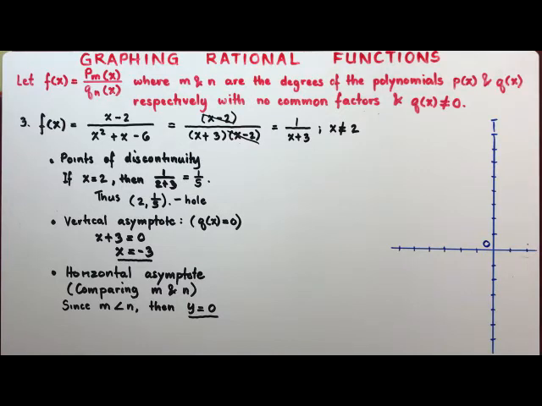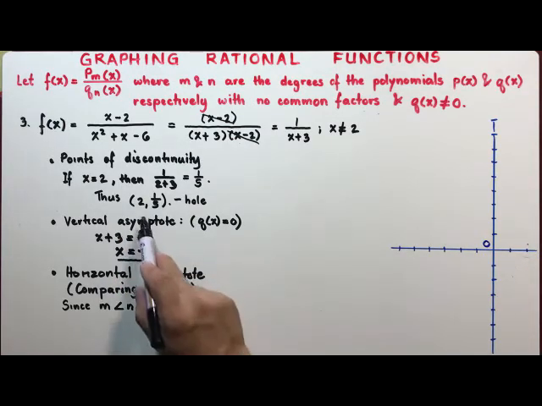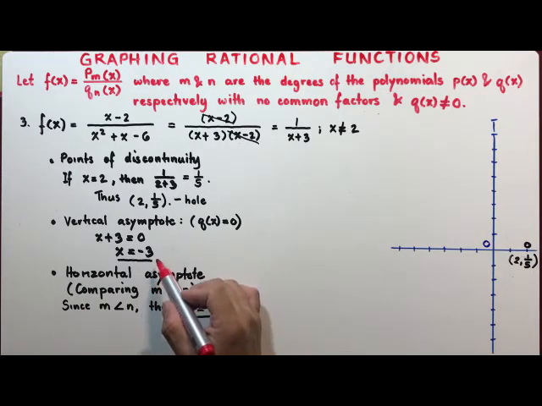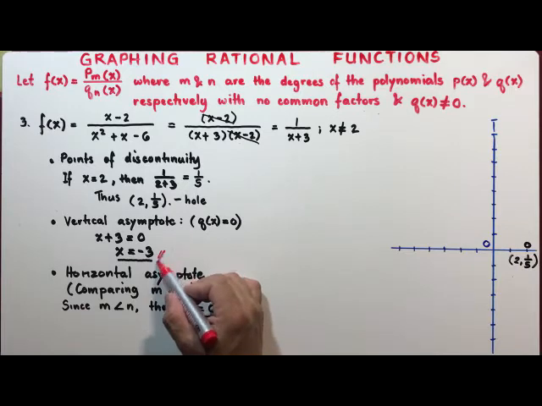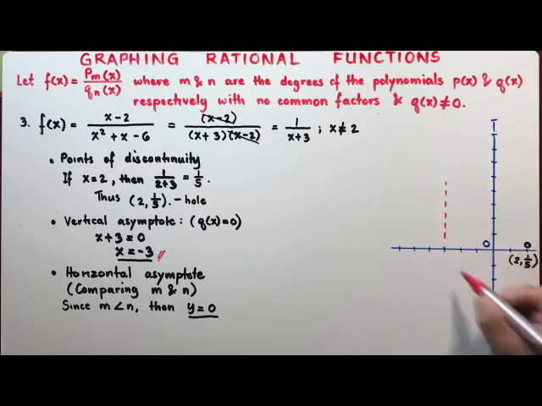So plotting initially our function, we have the hole of the graph at (2, 1/5). So there is a hole here, with coordinates (2, 1/5). We have our vertical asymptote, which is the line x equals negative 3.